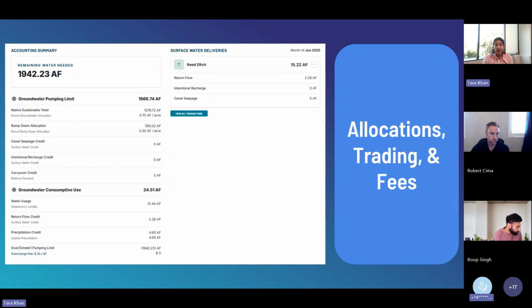So how are credits going to work in your allocation scheme? Is there a ramp down, and what are the numbers for that ramp down? Allocations, I will say, come down to a lot of calculations and setting rules beforehand that you can work with to figure out what those allocations are going to be.